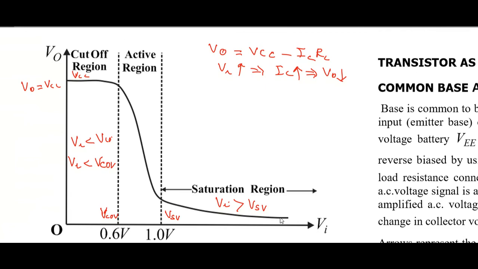This is V cutoff voltage, this is V saturation voltage. This part is active region, and this part is saturation region. VI is greater than saturation voltage. Along the x-axis we have taken VI, that is input voltage.